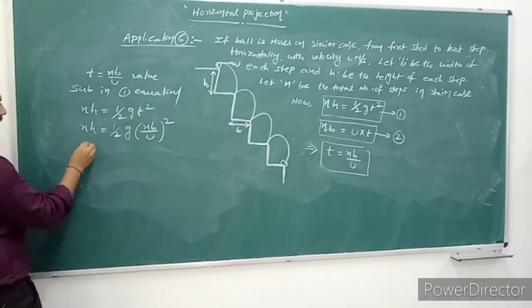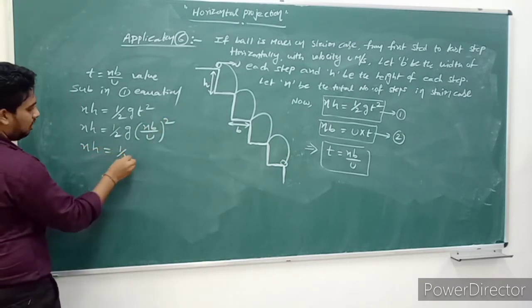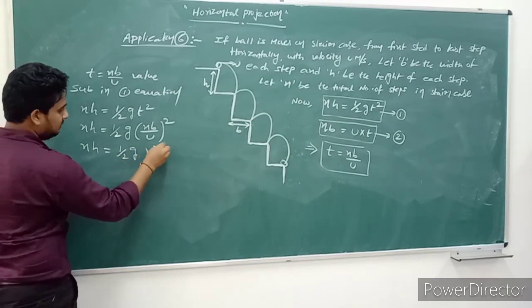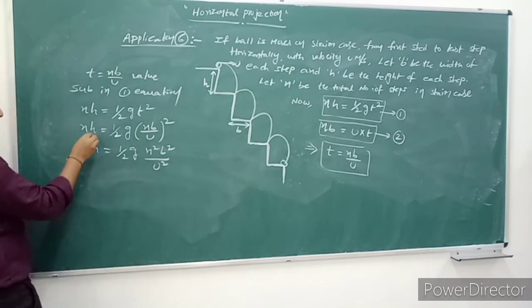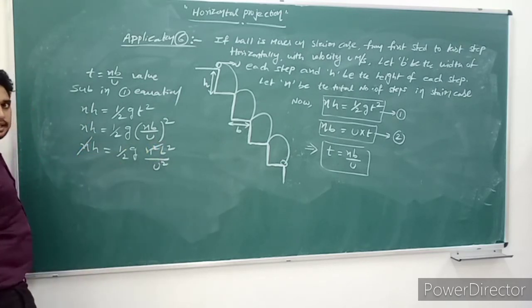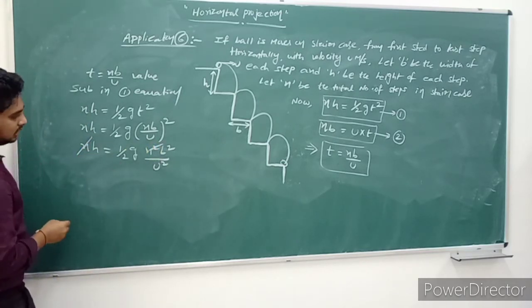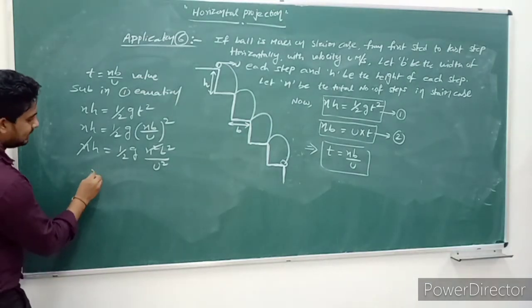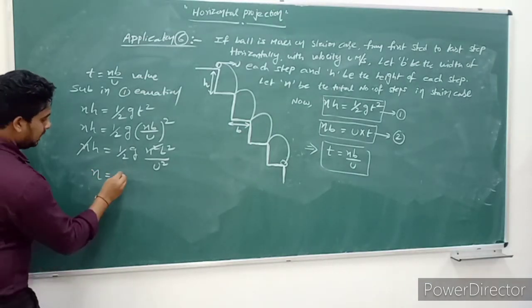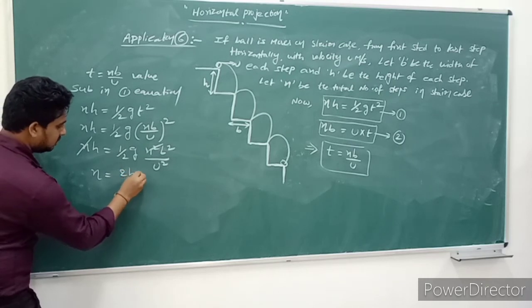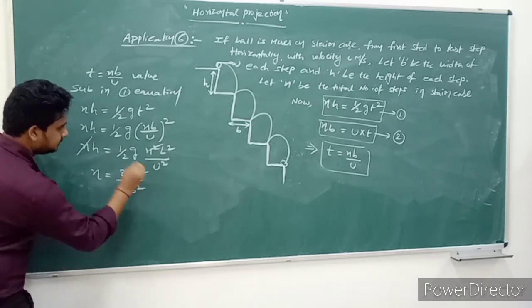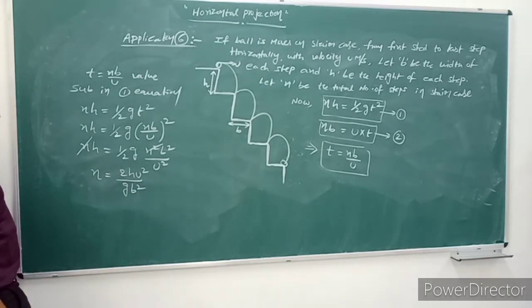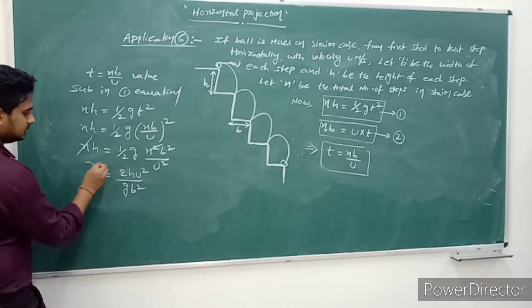So n h is equal to half g into n square b square by u square. Here n square cancels, and we get n is equal to 2 h u square by g b square.